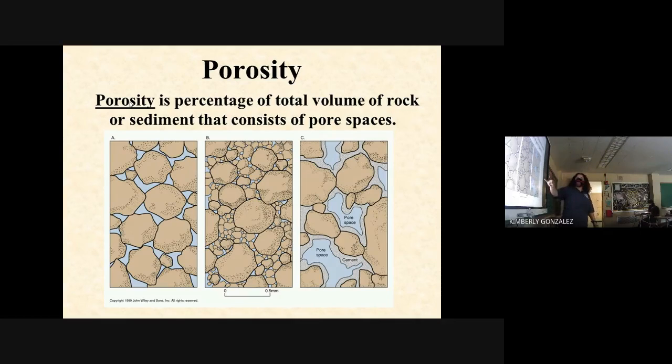In this third picture, the pores are very big. But in the second picture, the pores are very small because you have not only big rocks, but little tiny rocks too. That heterogeneous mixture of large and small rocks covers up every little tiny space, so it's less likely to move.